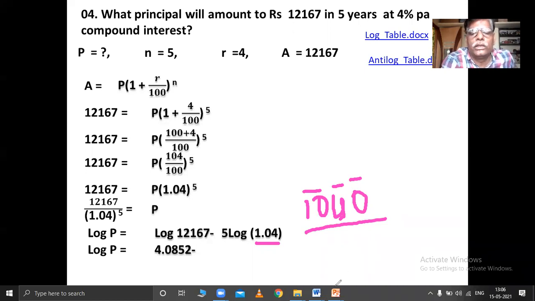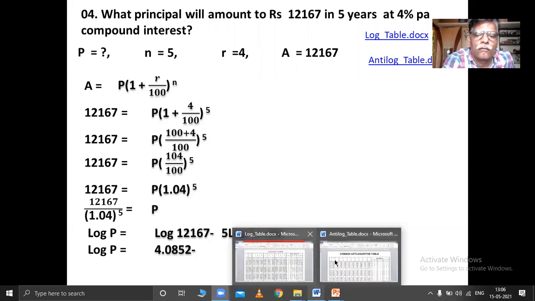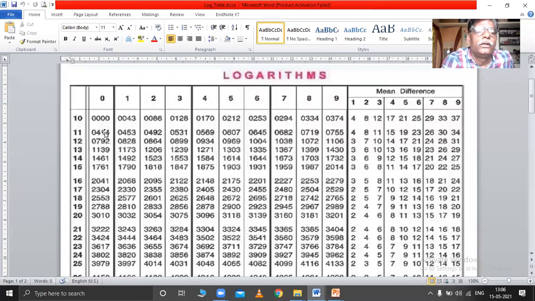You see the 1040 value in the logarithm table. 10 number, 4, is 0170, and zero column. Zero column is not in the mean difference. Therefore, 170 is there. 0170.